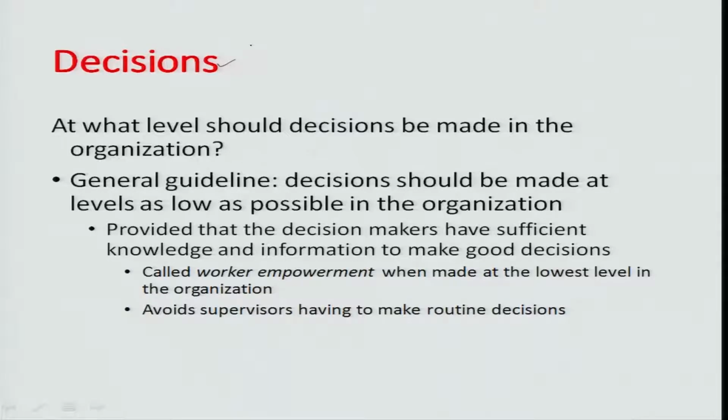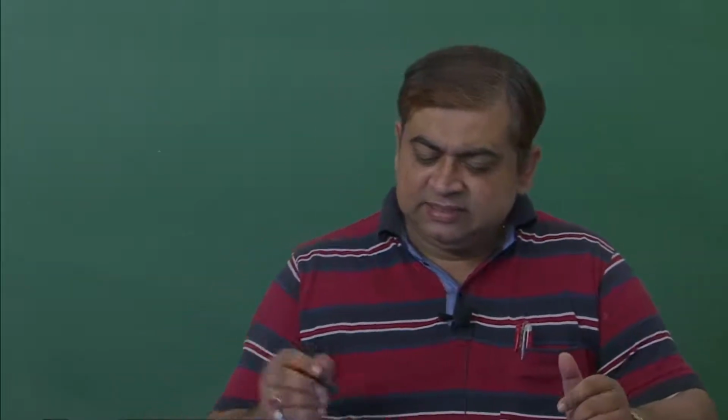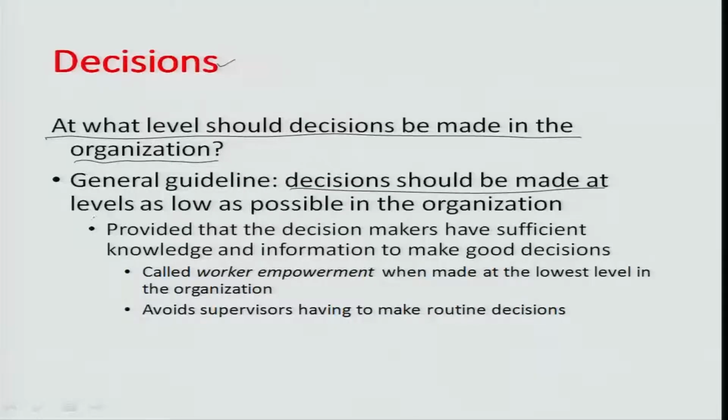So, the basic central question that is important here is at what level should decisions be made in an organization, and generally the guidelines say that decisions should be made at levels as low as possible in the organization, because again the philosophy in some of the organizations is that unless I am able to see the actual thing at the actual place, by going to the actual place, I should not be able to take the right decision to solve a matter.